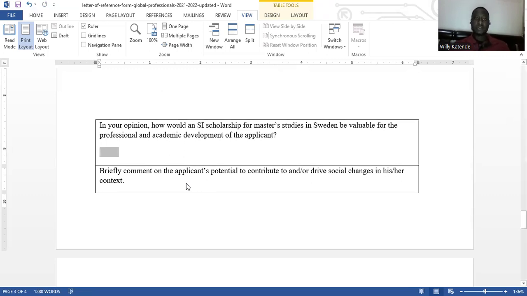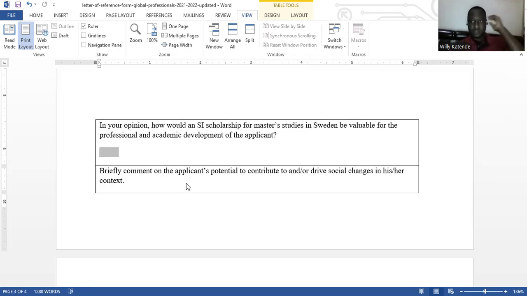So they want to know, in case you are offered this scholarship for a master's degree, how will it be beneficial for your development professionally and academically? So your referee has to be able to second you that this scholarship will be beneficial to you.